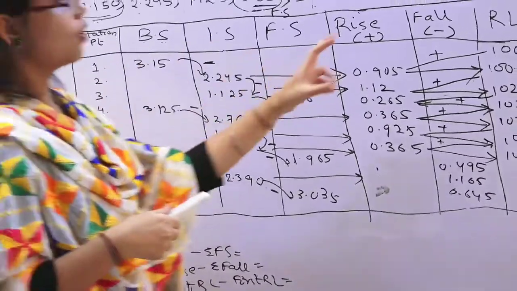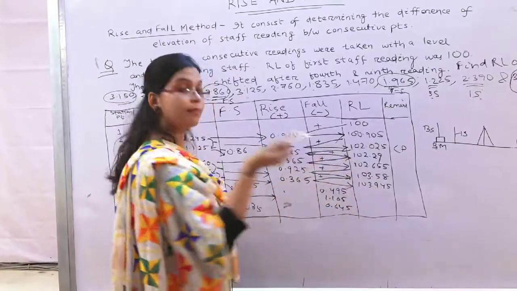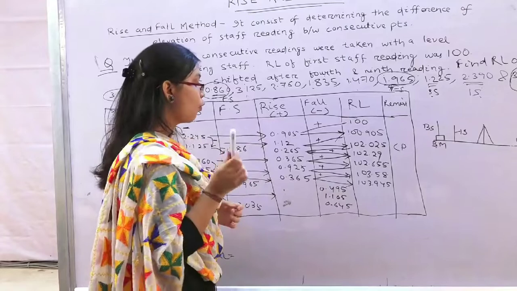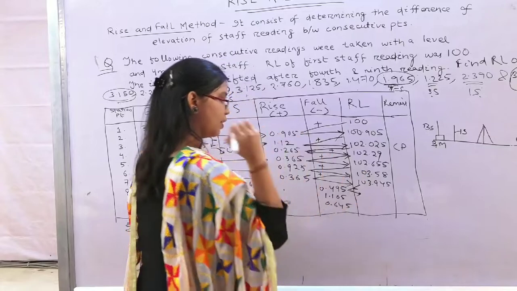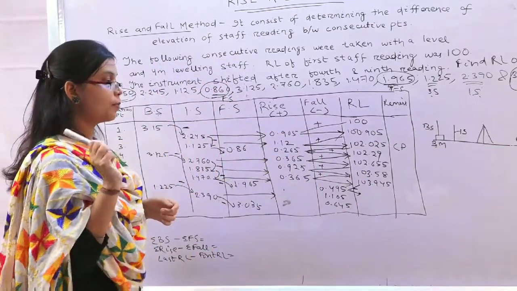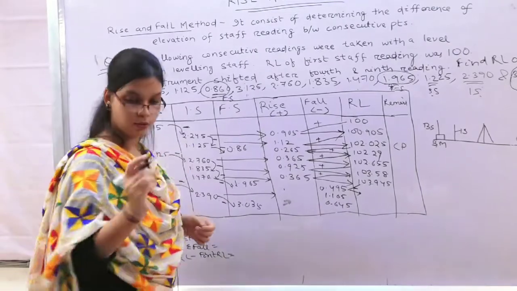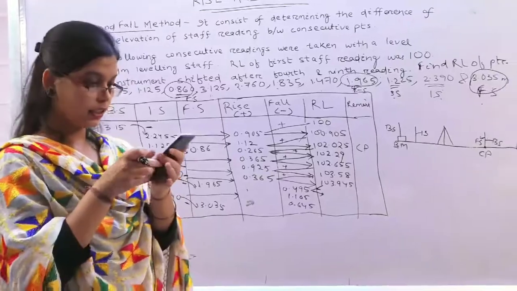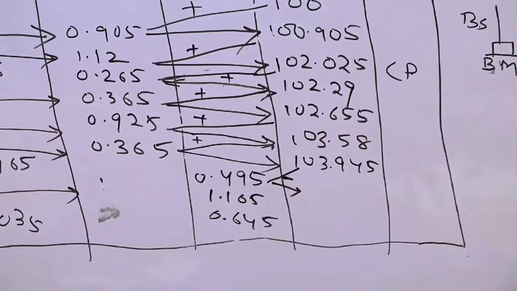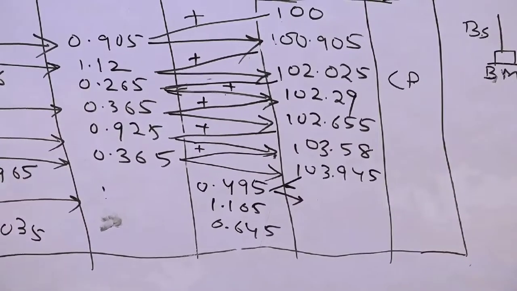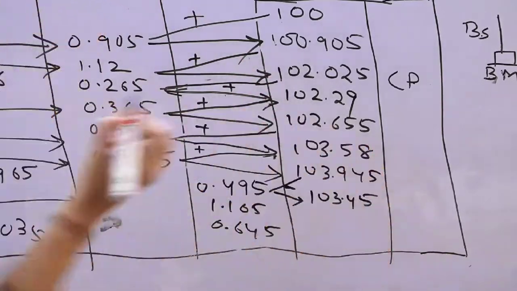Now three more points are there and all are in the fall column. So 103.945 minus 0.495, this minus this will give the reduced level. Calculate it and we will get the value, 103.45.